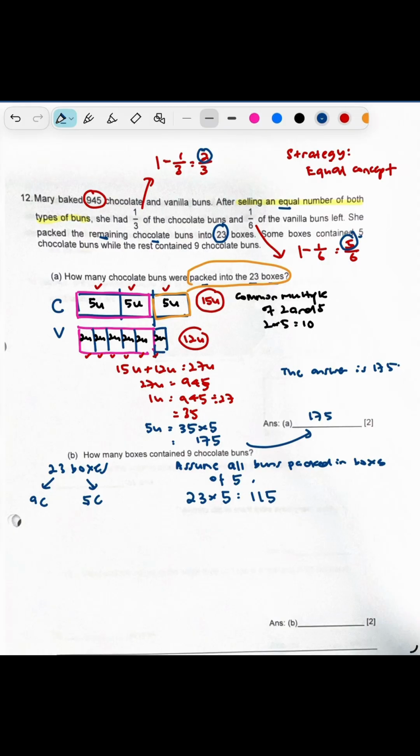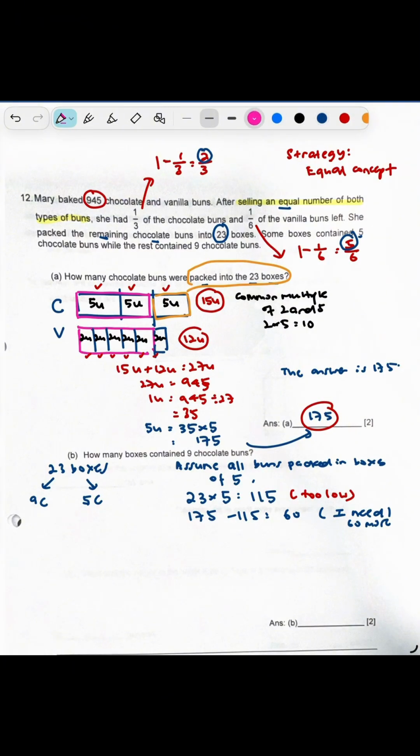This number is too low because what I want is 175. I need some more to hit the 175. How much do I need? You subtract and you get 60. I need 60 more.